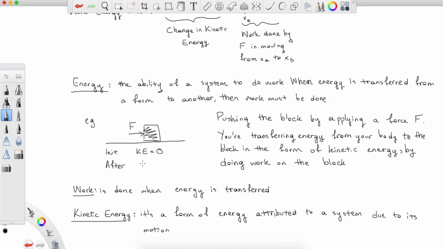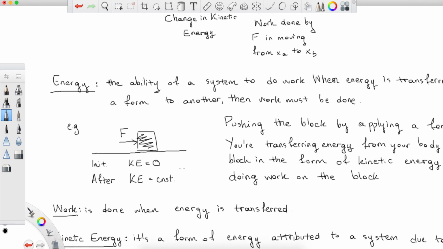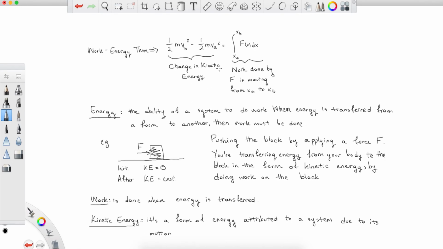Well, it's definitely something, call it a constant. Because why? You did work on the block, and this coincides with the work energy theorem because we saw that work is done by a force F and causes a change in kinetic energy.